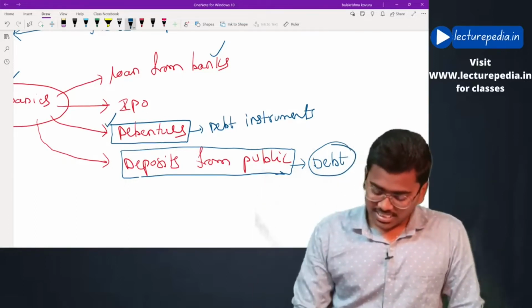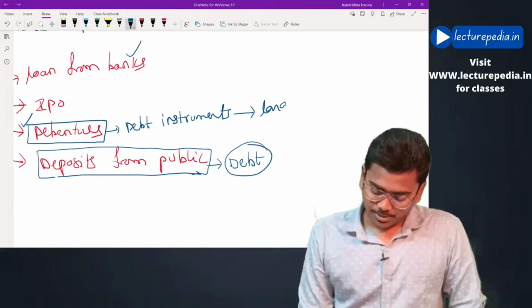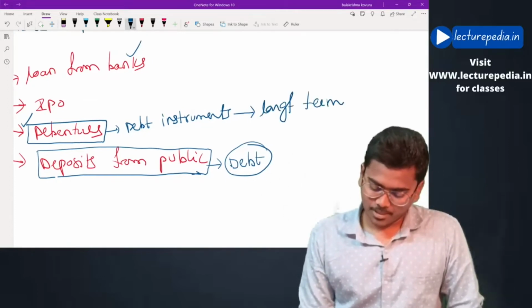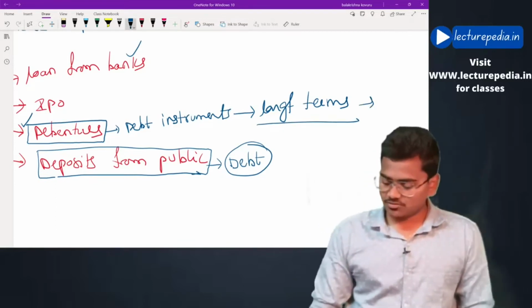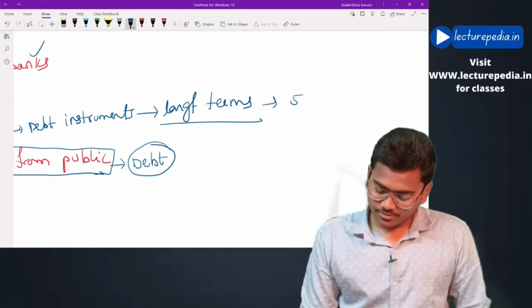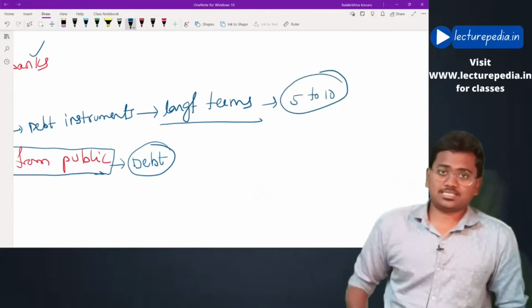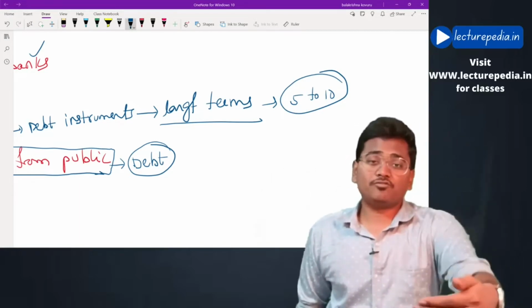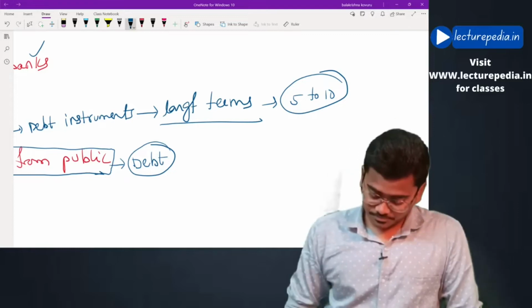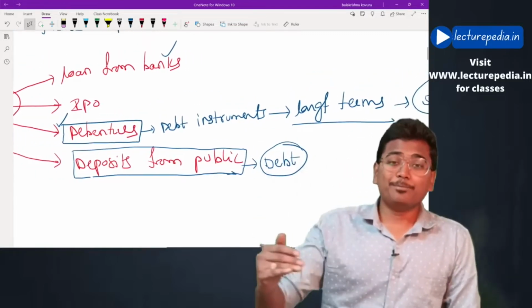Generally, debentures will be raised for long term purposes. Generally the maturity period of these debentures will be between 5 to 10 years. These debentures are a long term form of finance for the companies, whereas deposits are medium term finance.